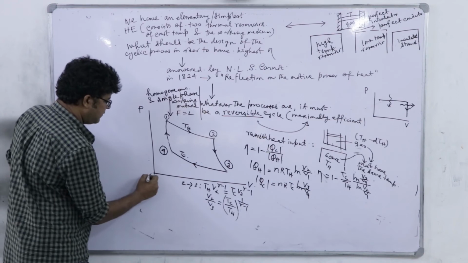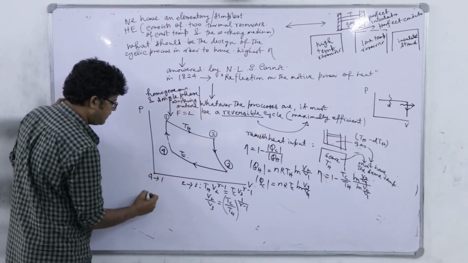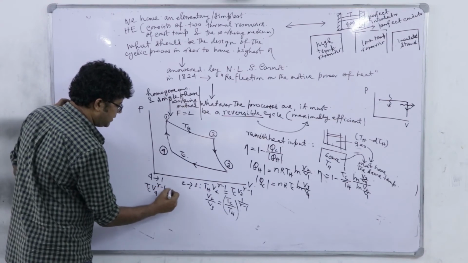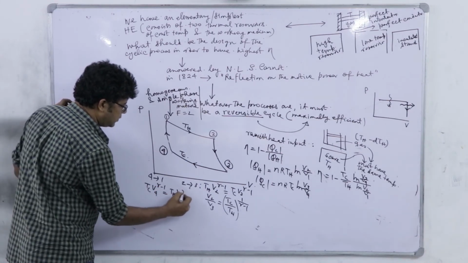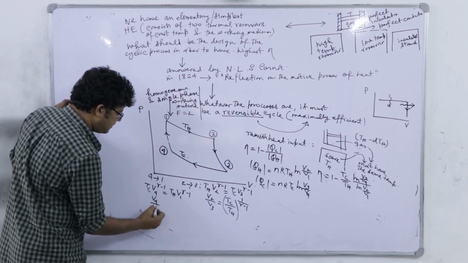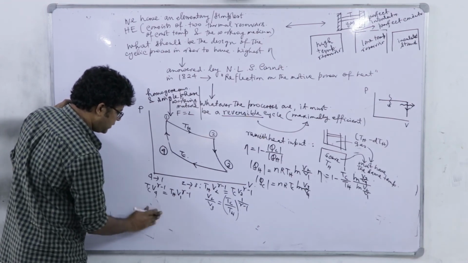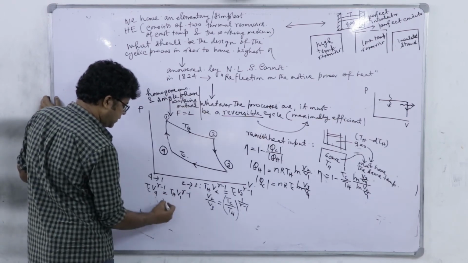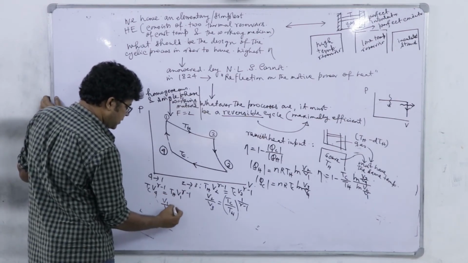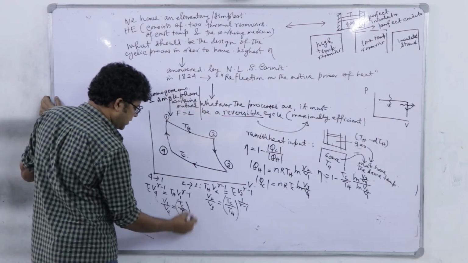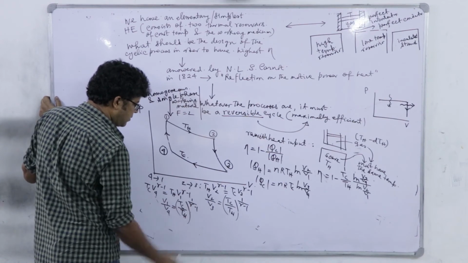And similarly, for 4 to 1, Tc into V4 to the power gamma minus 1 is equal to Th into V1 to the power gamma minus 1. So V4 by V1 is Tc by Th, so V1 by V4 is equal to Tc divided by Th to the power 1 divided by gamma minus 1.